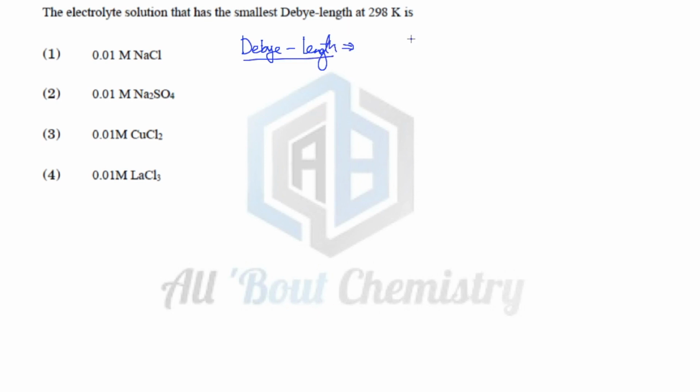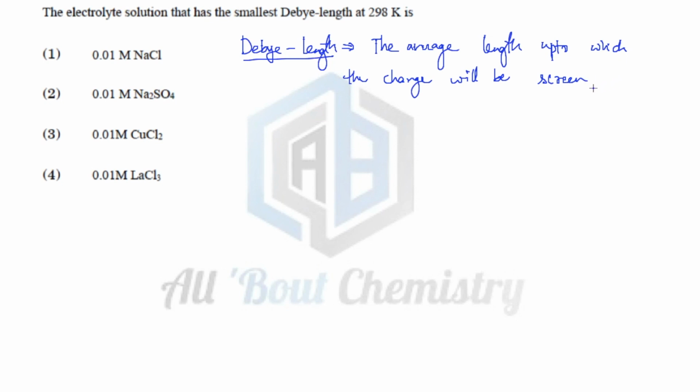Debye length is the average length up to which the charge will be screened upon solvation. So this is the definition of your Debye length.